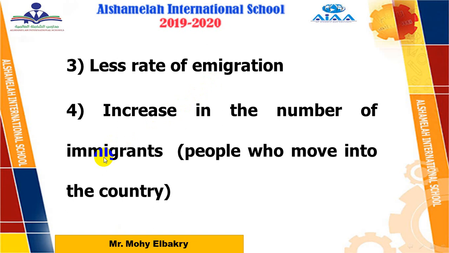I'm going to make it easy. Number 3, less immigration means few people leave their country or their city. But in number 4, a lot of people come and move into my country or my city to live. Like the previous example, a lot of people come to live in America.